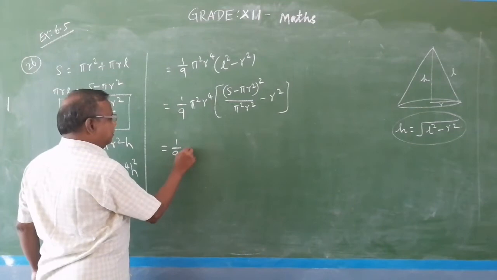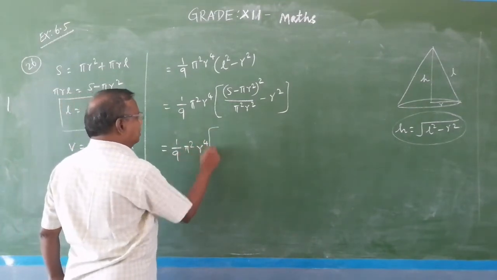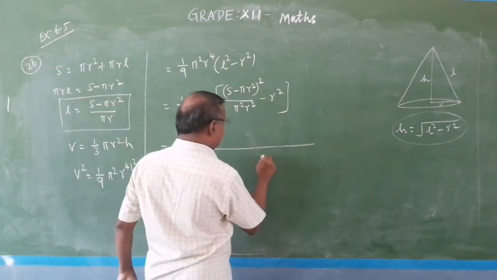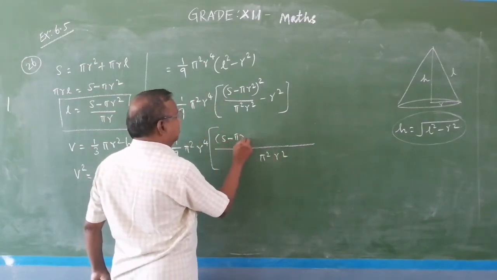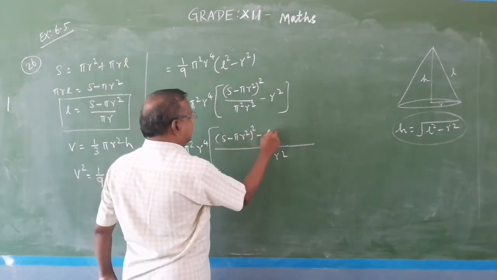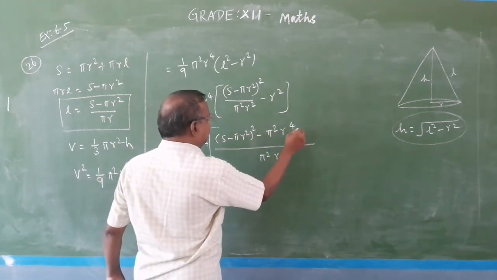Taking LCM, that is 1 by 9 pi square r power 4 into pi square r square times S minus pi r square whole square minus pi square r power 4.